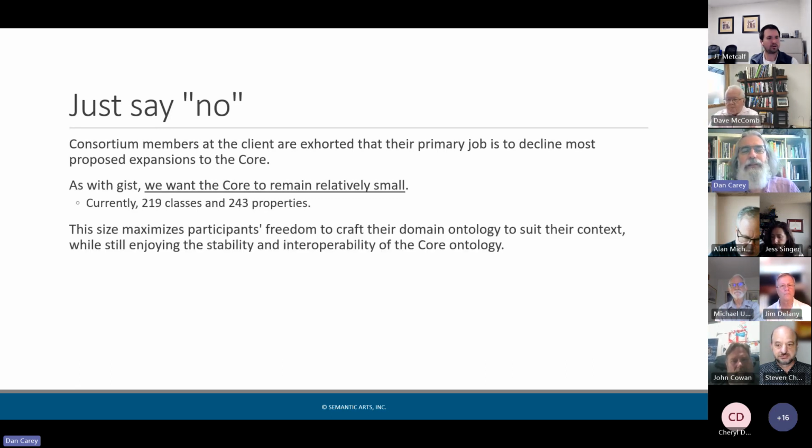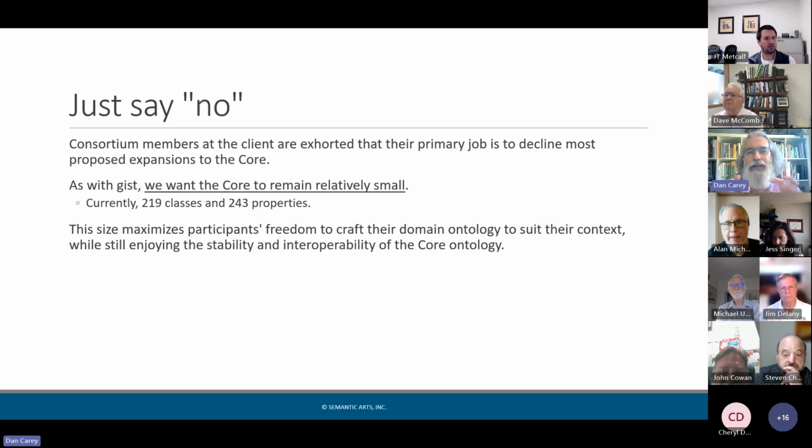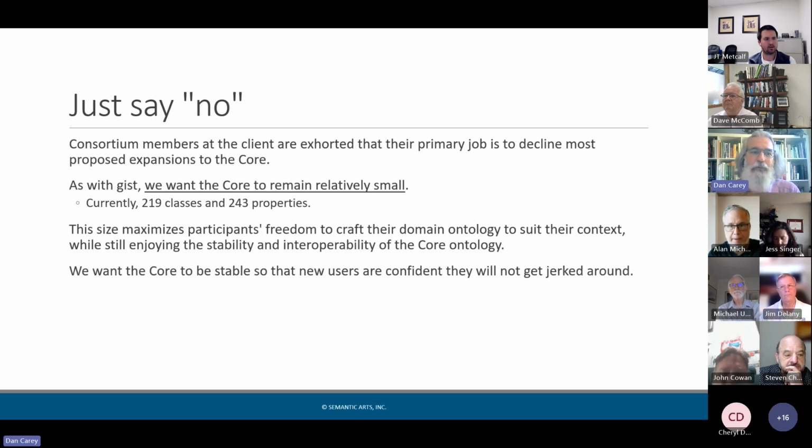And so the idea too is that by keeping it small, we are maximizing organizations' and domains' freedom to build on the core without being overly constrained by the core, so that they can do what they need to, in a way that suits the context of their domain. But you still get that stability and the interoperability of the core. So by keeping it small, it's easier to adopt, and that encourages more adoption.